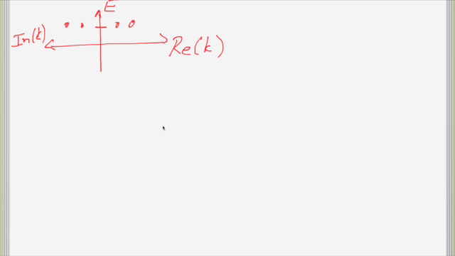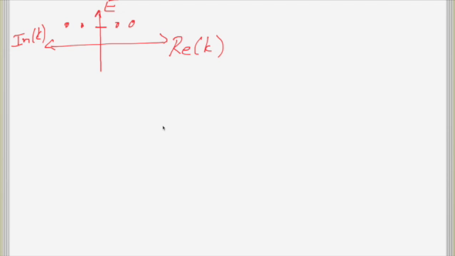And they're going to come in pairs, and the pairs represent forward moving and backward moving velocities. They come in pairs, and the pairs represent one state moving to the left and one state moving to the right.